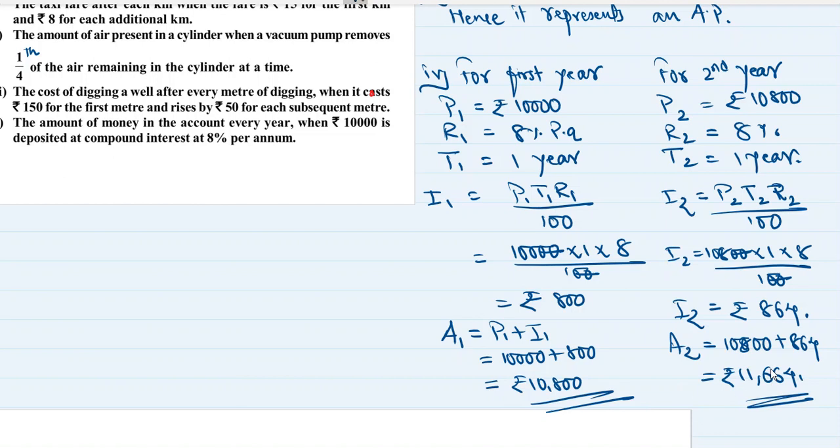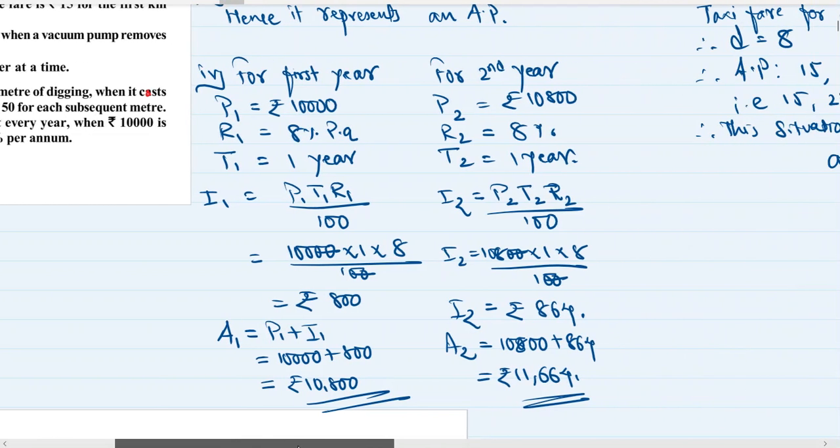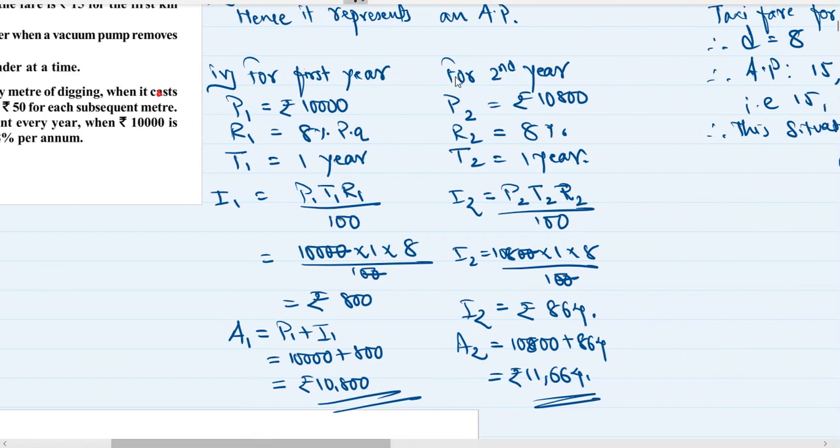Now remember one thing. Here, the initial principal was rupees 10,000, which is our first term. If we consider rupees 10,000 as our first term, the common difference added to our principal is rupees 800, that is the interest, and this becomes the second term.